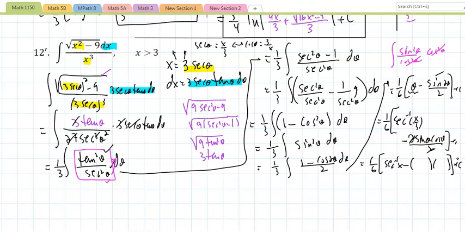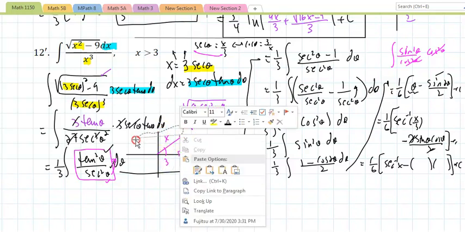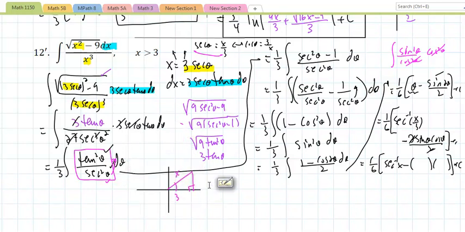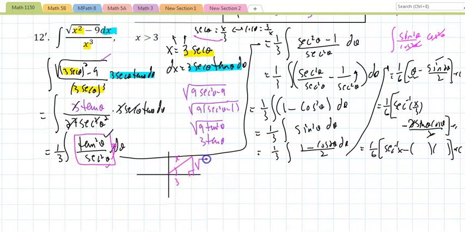What does sine equal? Well, I need the triangle. So I tried to avoid it all of this time, and at the end, guess what? I'm back to it. The original, and it's right there. Secant of theta is the hypotenuse over the adjacent. That makes this the square root of x squared minus 9.